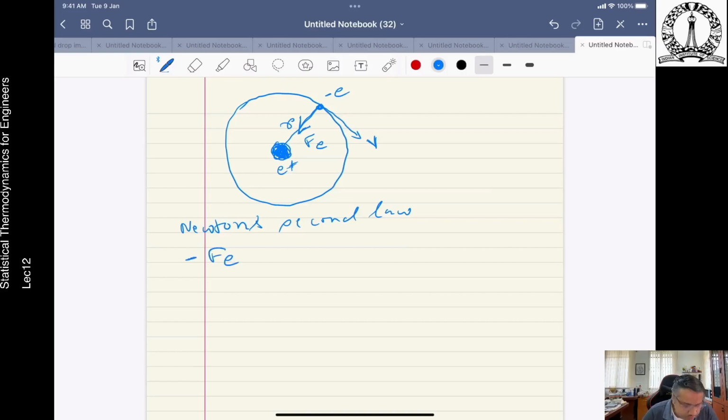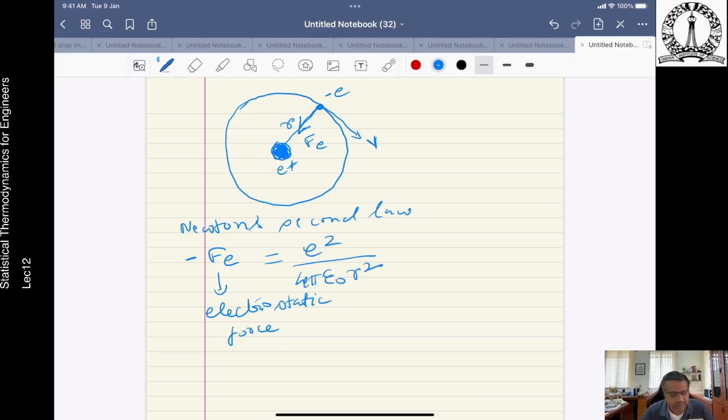So let's write the force Fe. Fe is nothing but an electrostatic force, because it's a positive and negative charge. That electrostatic force is given as e squared by 4 pi epsilon naught r squared, where e is the charge.